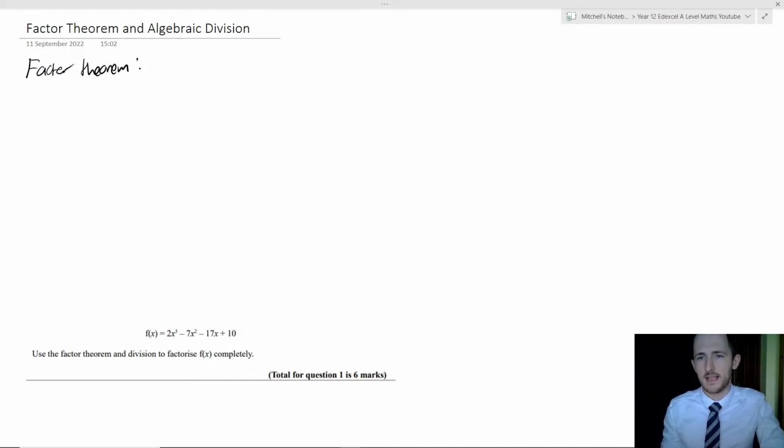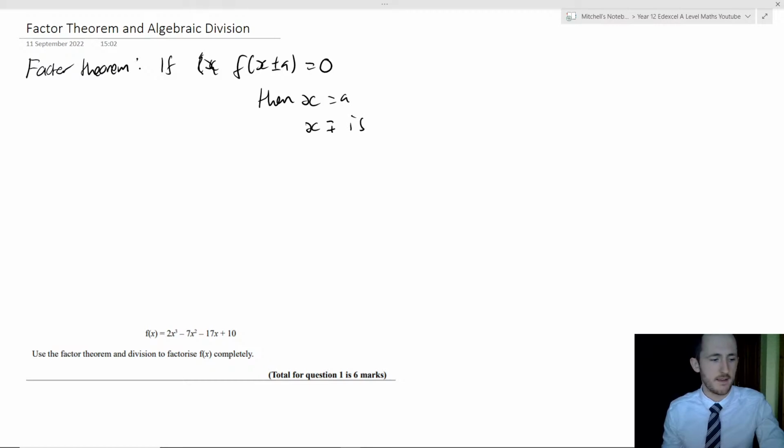So what they normally say is, if f of x plus or minus a equals 0, then x equals a, or you can say x plus a is a factor of f of x.